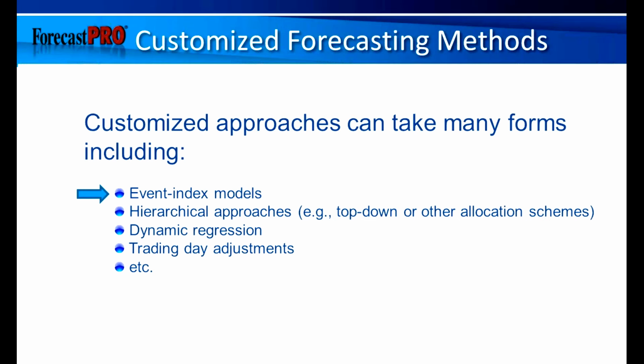Dynamic regression, again, that goes back to the temperature and electricity example. So lots of different things. The one thing that all these approaches have in common is that they all require a little more time from the forecaster. Whereas the automatic approach is exactly that, customized approaches require that more decisions be made.